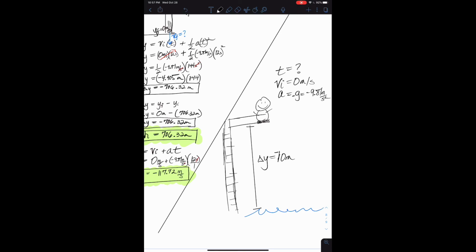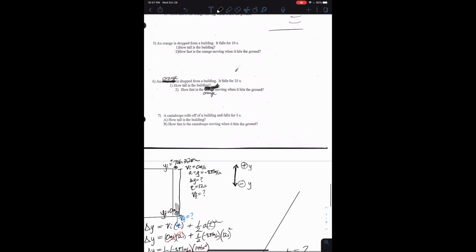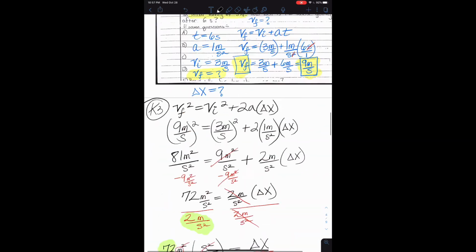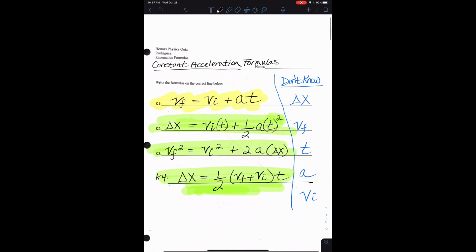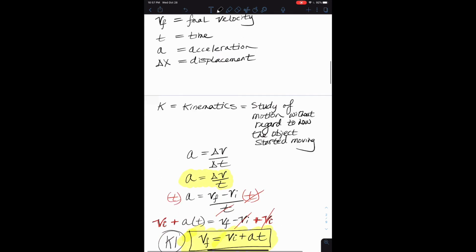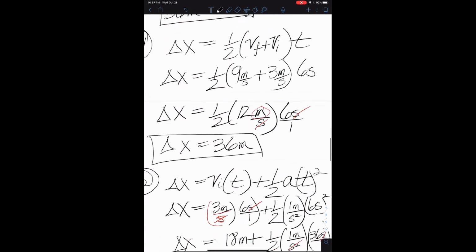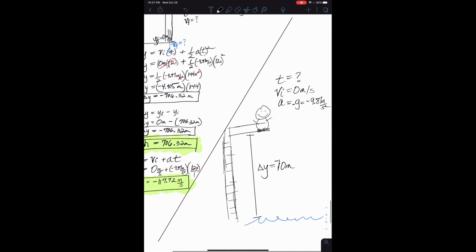All right, I don't think we know anything else, right? I don't think we know VF. So what formula do we want here when we don't know VF? Boy, we can probably go back up and look somewhere up here. When we don't know VF, looks like K2, right? All right, so if we use K2 here, just go ahead and write it in.